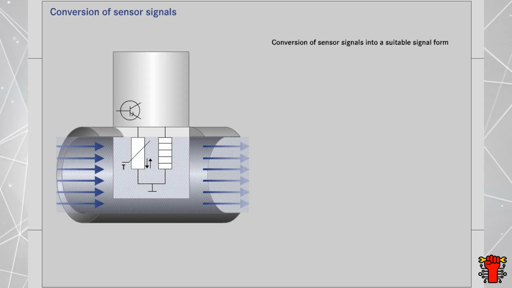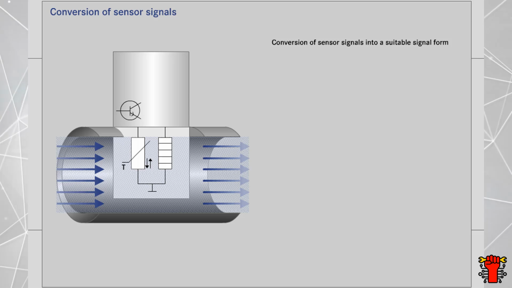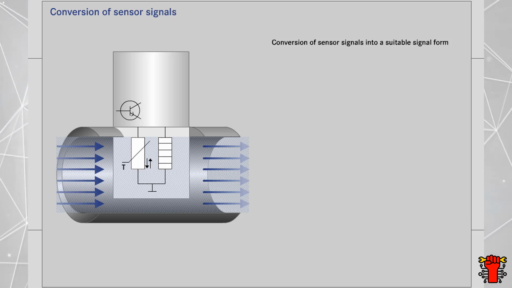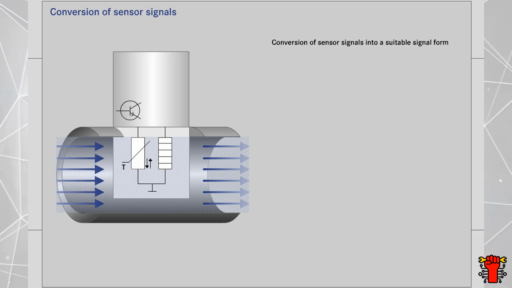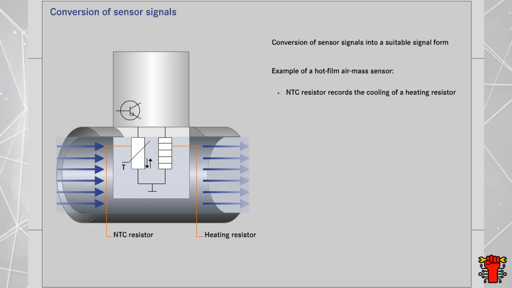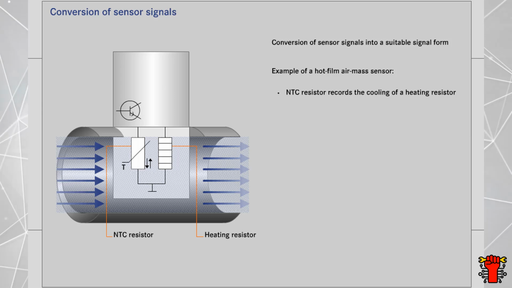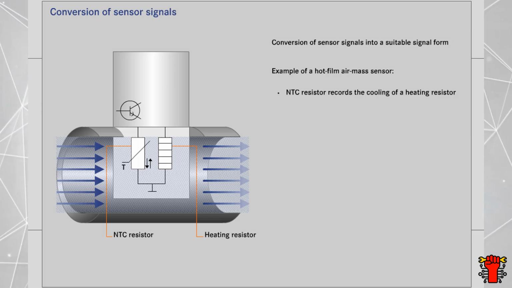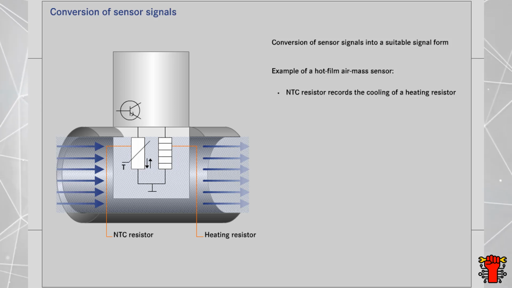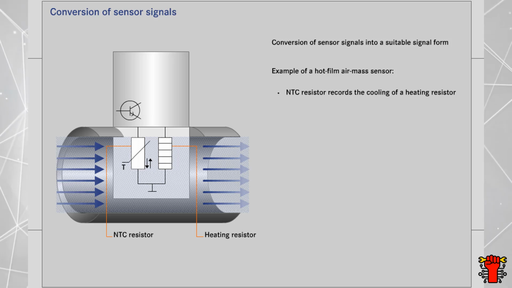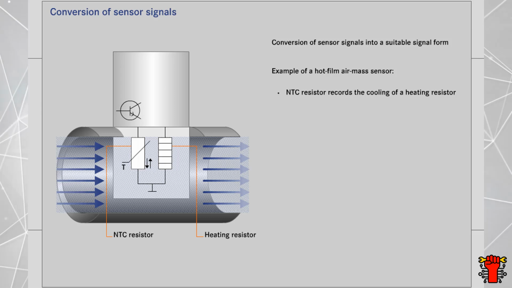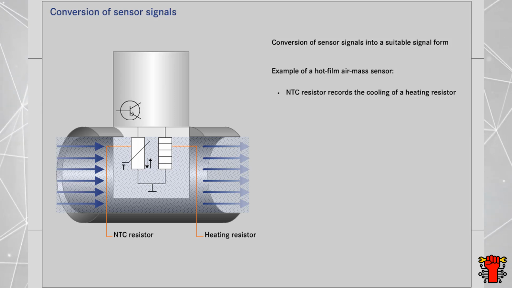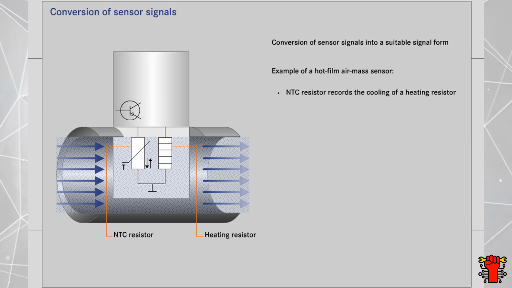Some sensor signals may have to be converted into a suitable signal form before the control module can process them. One example of this is the hot film air mass sensor. It determines the mass of air drawn in by the engine. This is done by an NTC resistor, which measures the cooling of a heating resistor located in the airflow.